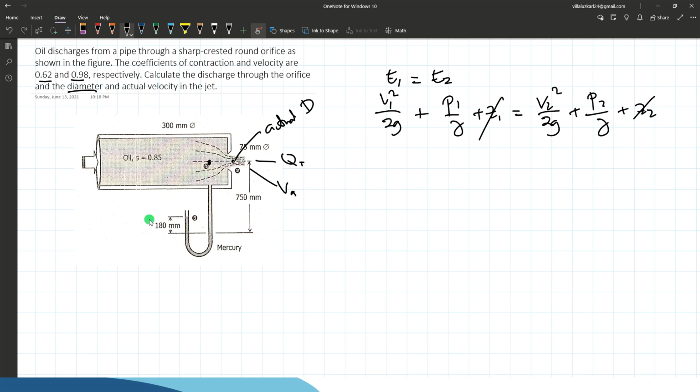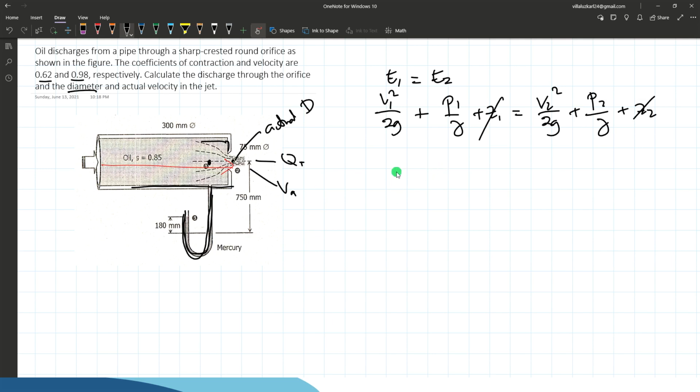The discharge at point 1 and point 2 are the same because it's flowing in a single direction and there are no other outlet pipes. This U-shaped manometer here is just used to measure the pressure head at point 1.